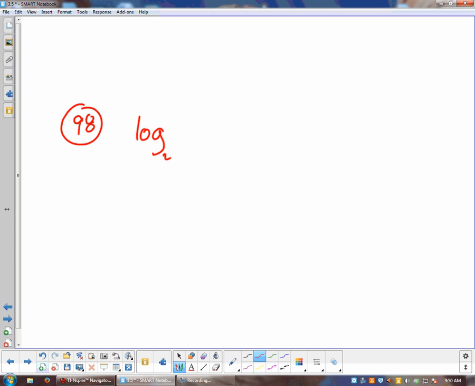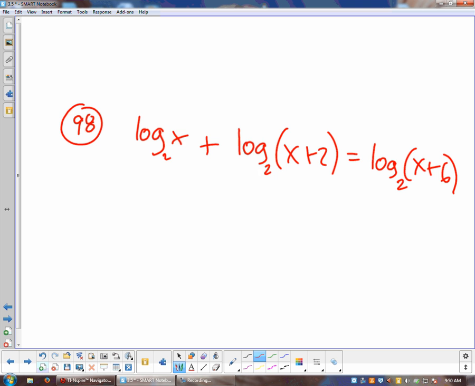Log to the base 2 of x plus log to the base 2 of x plus 2 here equals, is it x plus 6 here? Is that right? Okay, and so again, we would use the product property. So log to the base 2 of x times x plus 2 here equals log to the base 2 of x plus 6.